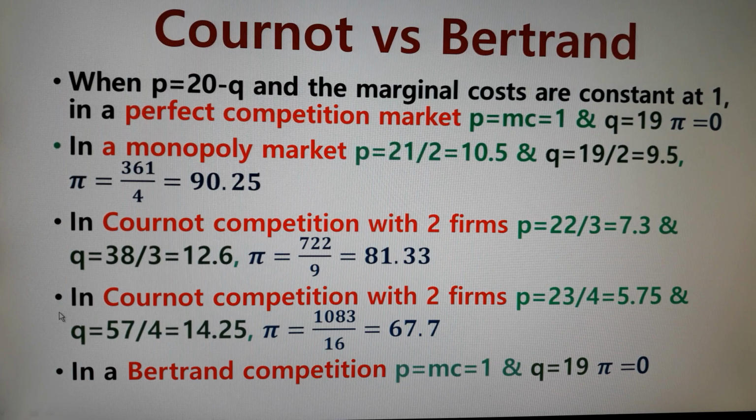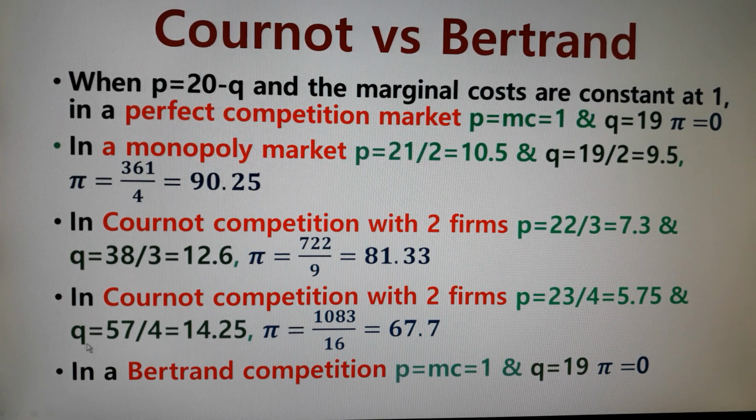In the previous case, oh, this is three firms, I'm sorry. The Cournot competition with three firms. Once again, I made a mistake, three firms. P equals 23 over 4, which is 5.75, and Q equals, for each firm, 19 over 4.